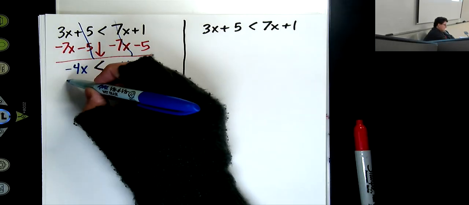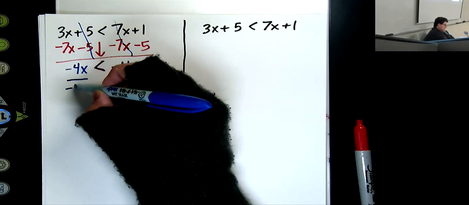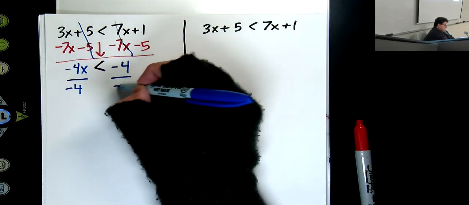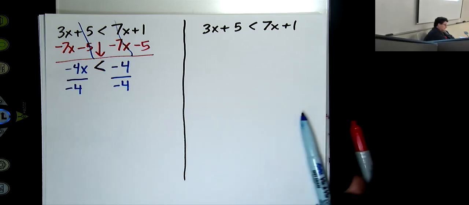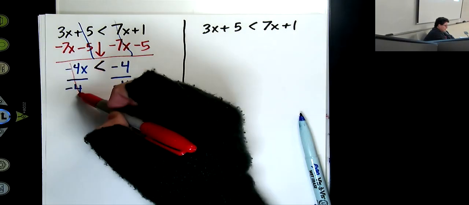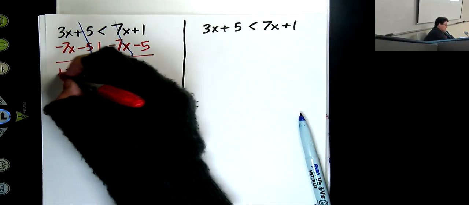If I want to get x by itself, I have to divide by negative 4. You have to do the negative sign. You cannot leave it. That's usually where people make mistakes, is they just ignore the negative sign and pretend it just disappears. On the left side, the negative 4's cancel. They're really left with 1s.